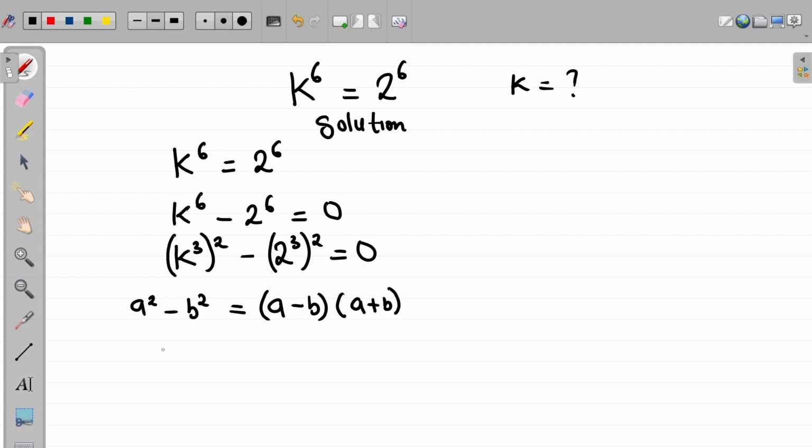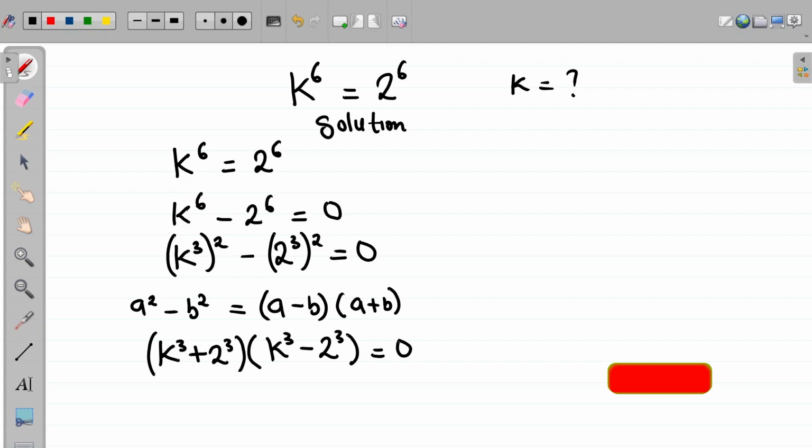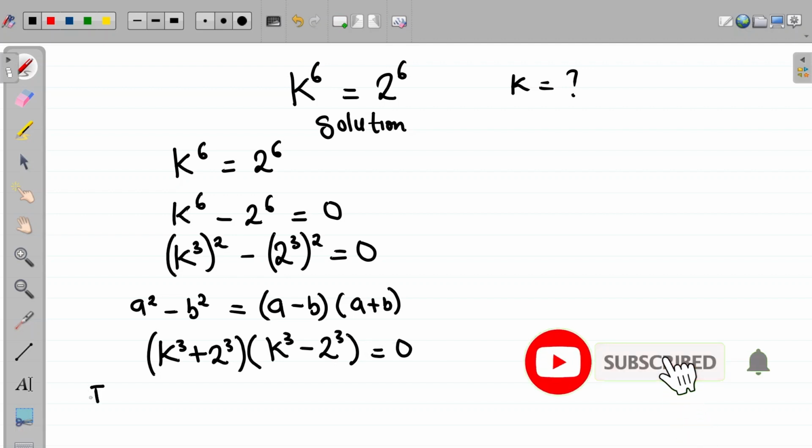Our equation becomes k raised to the power of 3 plus 2 raised to the power of 3, multiplied by k raised to the power of 3 minus 2 raised to the power of 3, equal to 0.